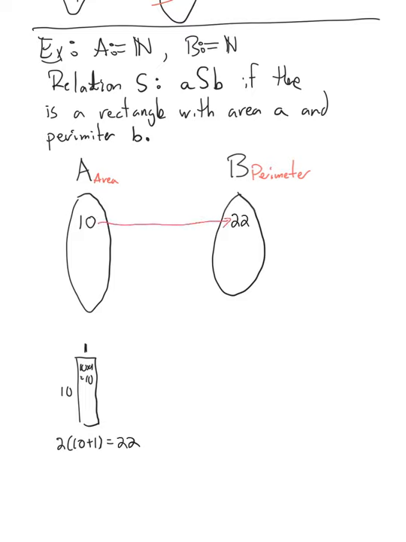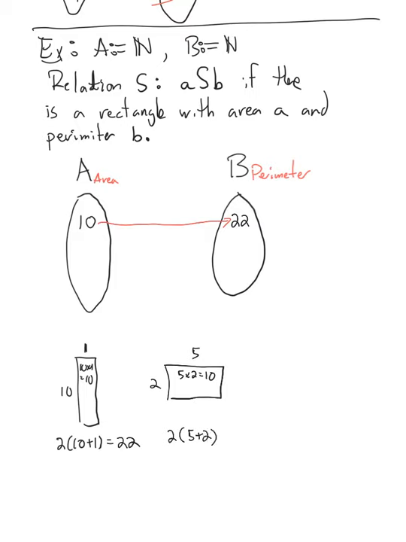Well, is there anything else? Let's see. What about something that is 5 by 2? The area is still 10, but the perimeter is 2 times 5 plus 2.